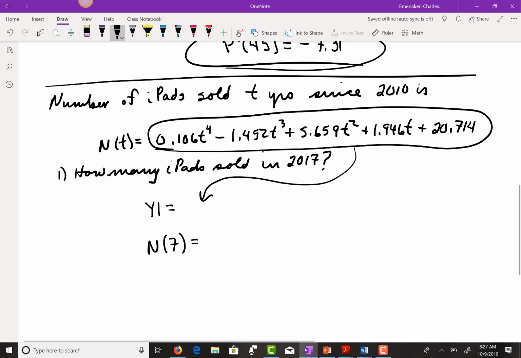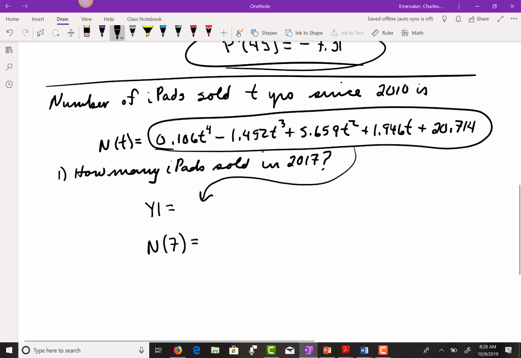First, are you as likely to make a mistake evaluating the function? Okay? If you plug in the 7, you're more likely to make a mistake than if you plug it into y1. Yeah, but if I plug it into y1, how am I going to get a value out? You then go to the table and plug in x equals 7, and boom, there's the answer.